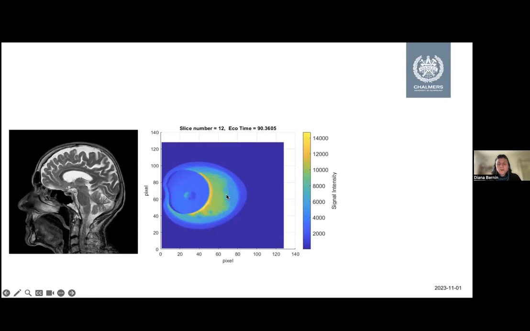And if you normally open an egg, you can see that some egg white is more liquid and some egg white is more solid. And then here you have the egg yolk. And sometimes when you eat a cooked egg, you can also see that there is something in the middle of the egg yolk, which you also can see here. So the important thing that I want you to notice here is that we have a signal intensity.